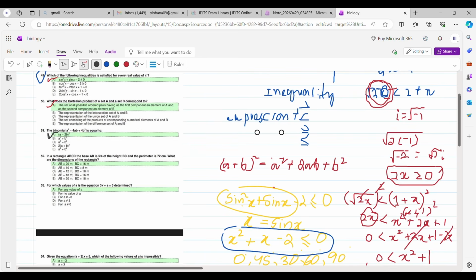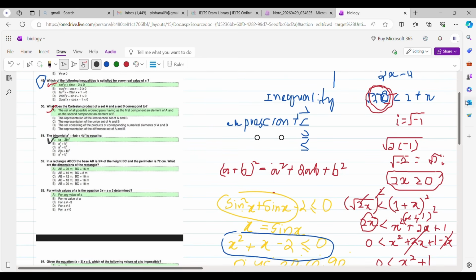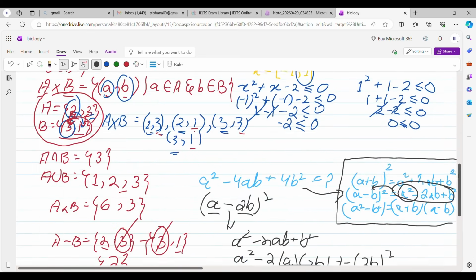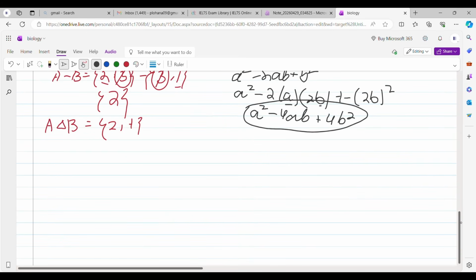Okay, this is again a very, very simple question. This is very basic maths, so you don't have to worry about it. Okay, let's start solving this. So basically they are telling us that we have a rectangle, and you know that in a rectangle two sides are equal and these two sides are equal.